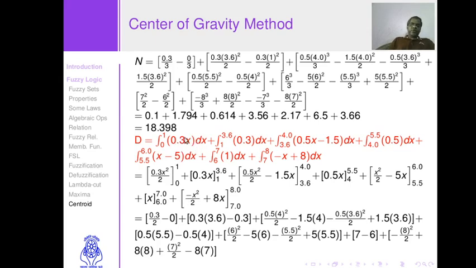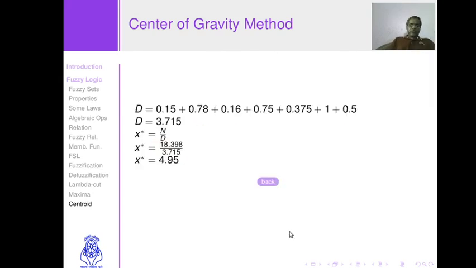If we perform integration we get 0.3 x squared divided by 2. In this way we perform integration for all the terms, and finally after doing all those calculations we get the denominator as 3.715. So x star is n by d, and finally we get this.